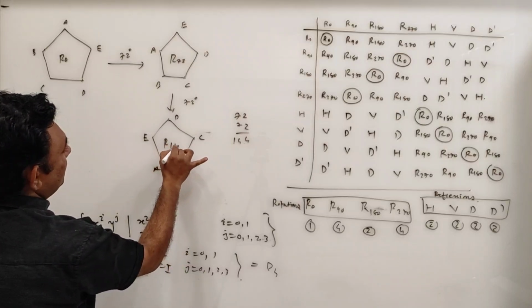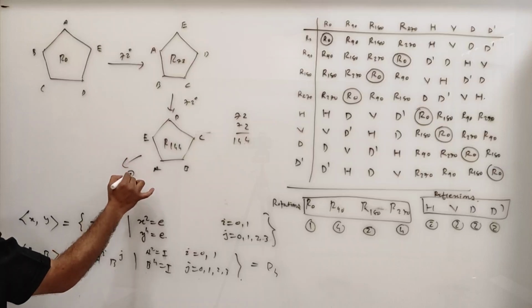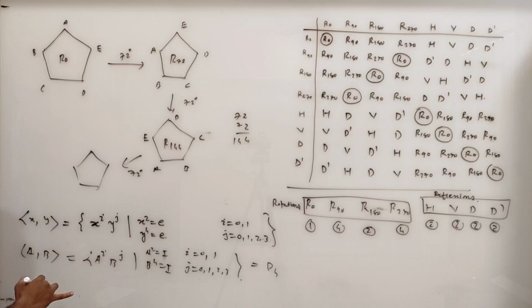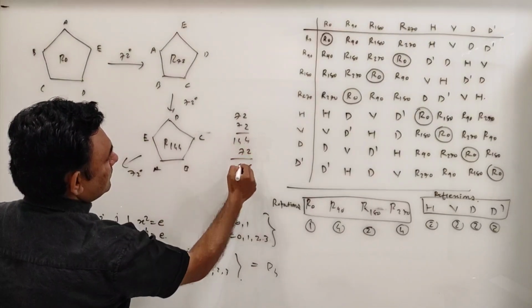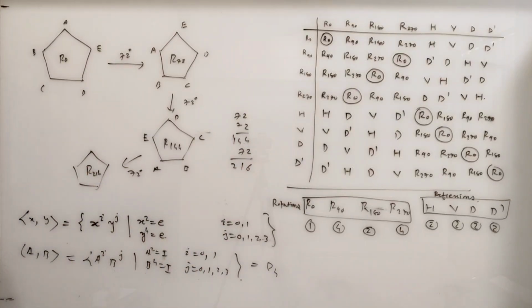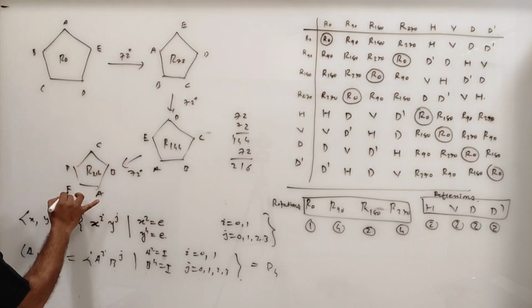So let me give R144 notation, right? Again you give the 72 degree rotation to this position, and what I have, this one. So again add 72. It is R216 and the position will be like A, B, C, D and E.